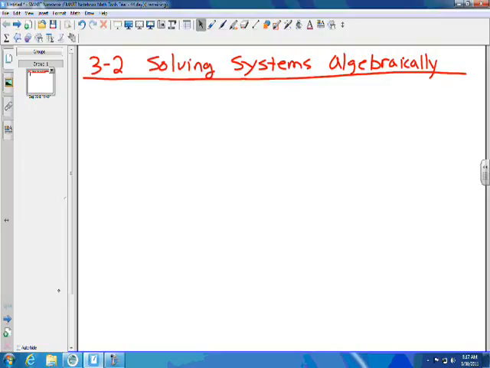So, there are two methods that we will use to solve these that will not involve any graphing. It'll just be solving equations, and it will get us the answer that we're looking for. Okay? So, the first one we'll cover is the substitution method.